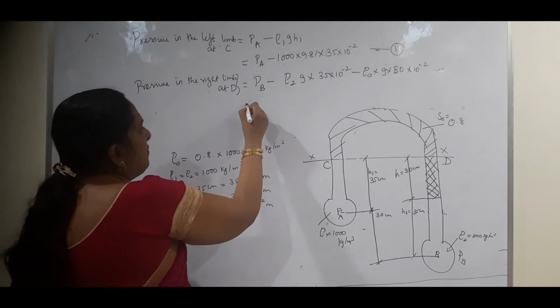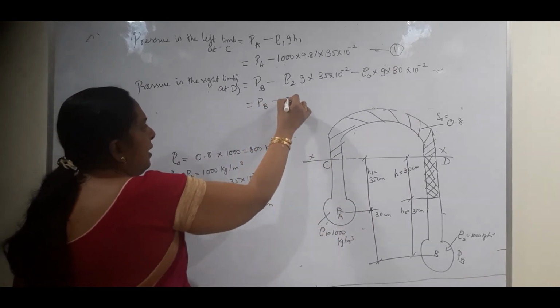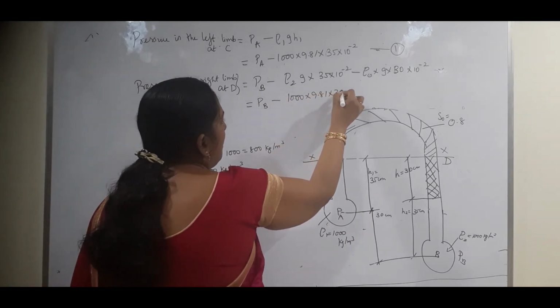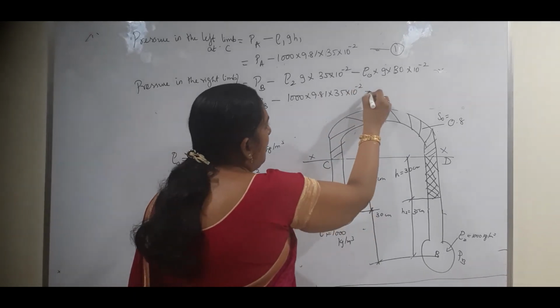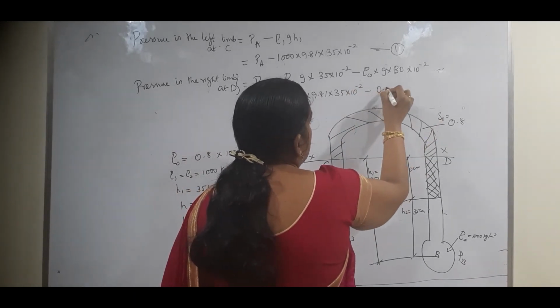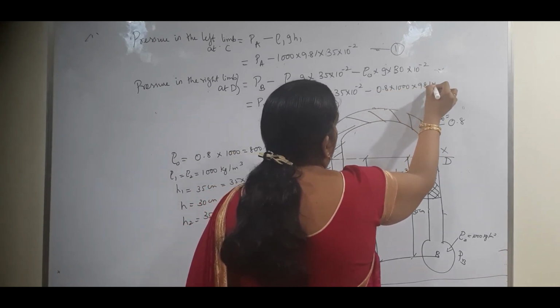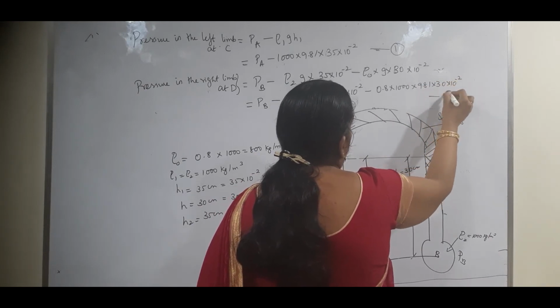I am just substituting the values. PB minus rho 2, which is always water only, so 1000 into 9.81 into 35 into 10 to the power minus 2, minus rho naught, which is 0.8, so 0.8 into 1000 into 9.81 into 30 into 10 to the power of minus 2. That is equation number 2.